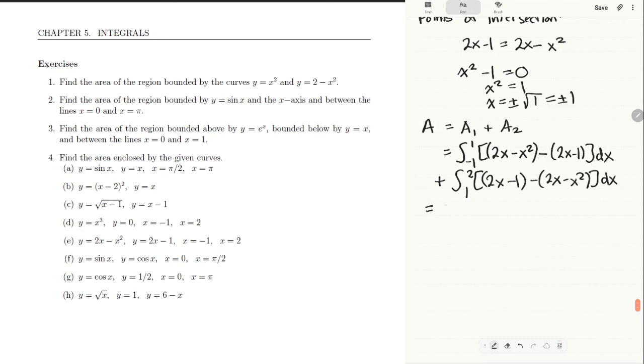So now let's simplify. We have the integral from -1 to 1 of 1 minus x squared dx plus the integral from 1 to 2 of x squared minus 1 dx.